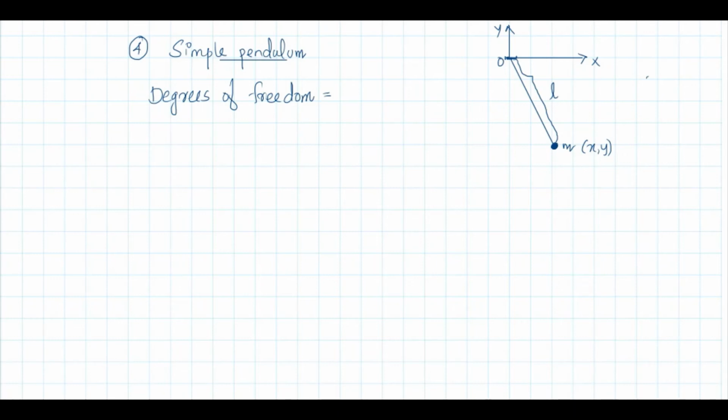Y coordinate will of course be negative, and when the particle moves, since this length is fixed, it will be along the arc of a circle having radius L.